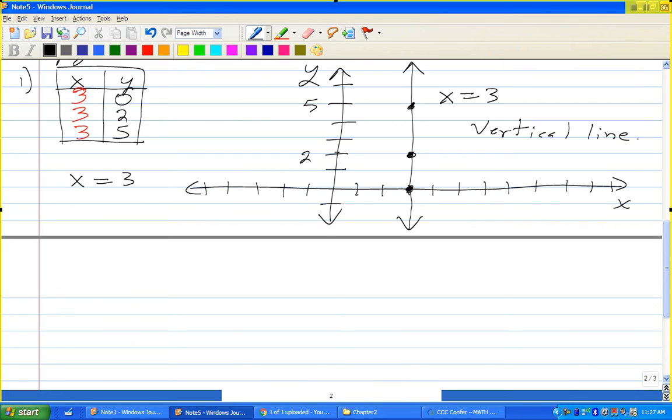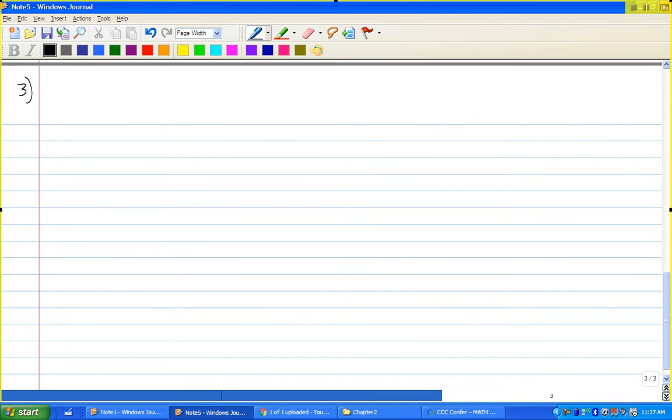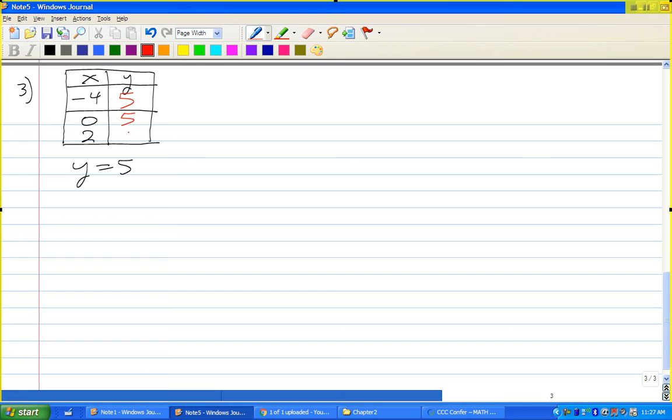Let me do problem number 3. In this case, I have -4, 0, 2, and I have y is equal to 5. Therefore, all the y coordinates are 5. And so let's sketch the graph of this.